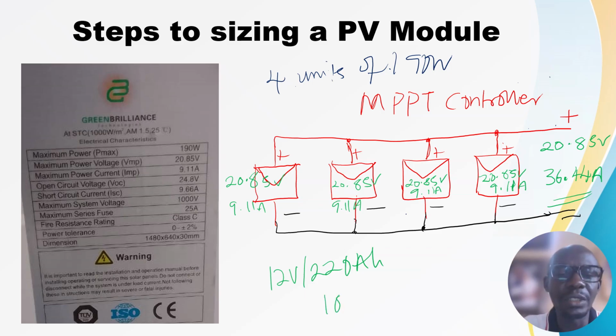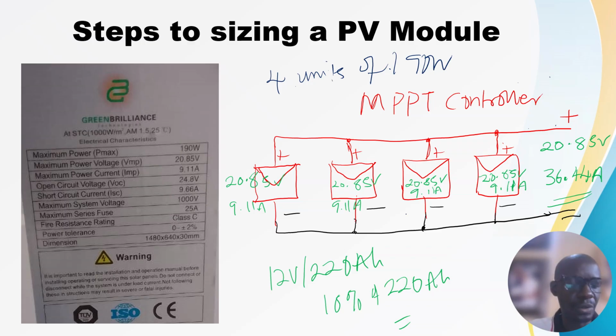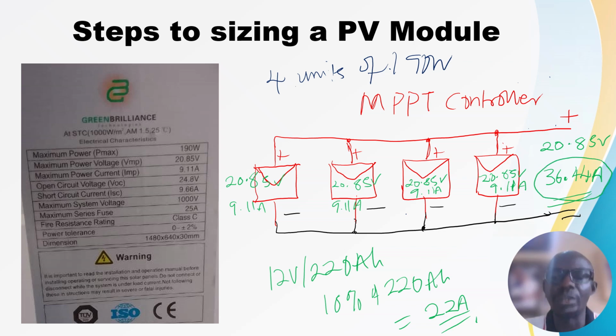So 10% of 220 will be 220 times 0.1, which is 22. It means you must have at least 22 amps coming to charge your system. See what we got: 36. So we are still in order. Let's do this, and then we believe that our system will function properly.